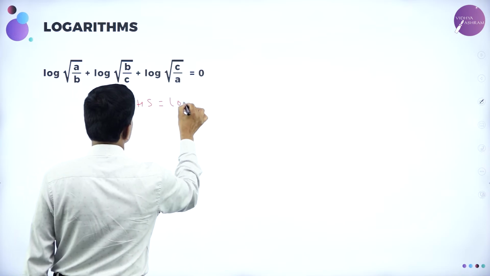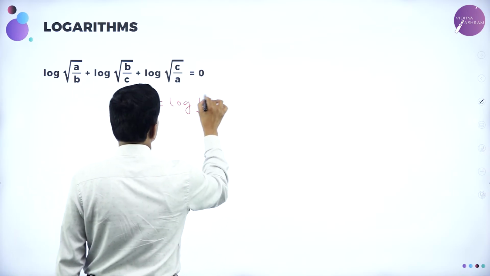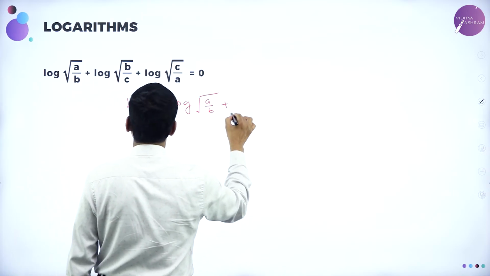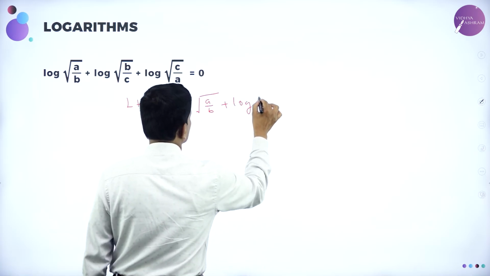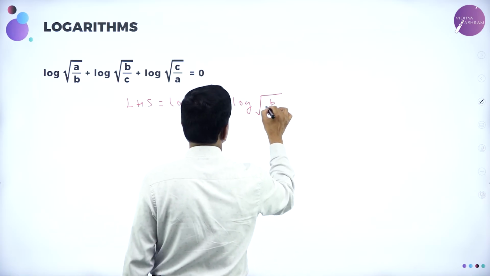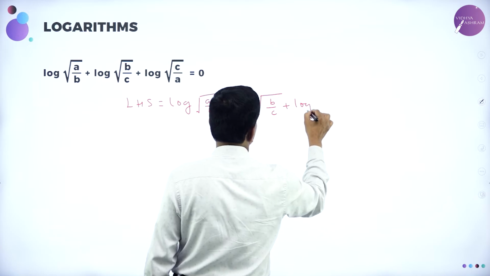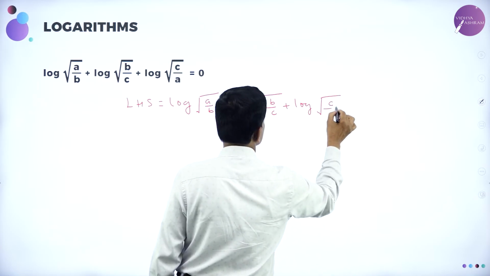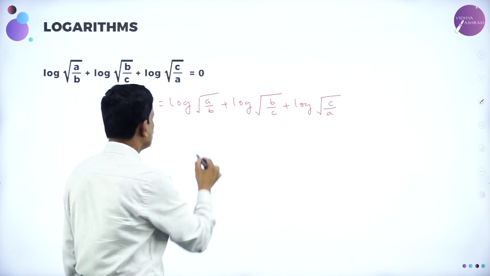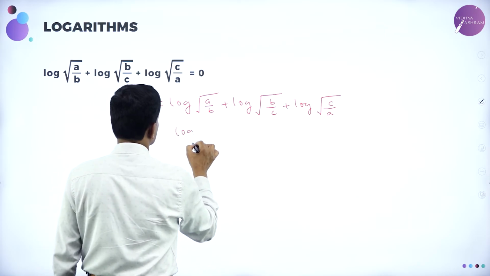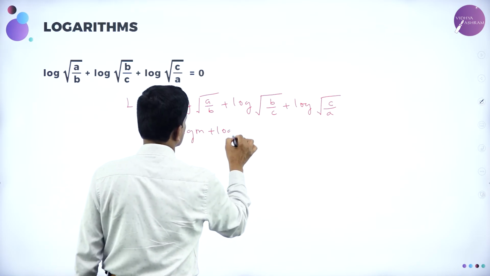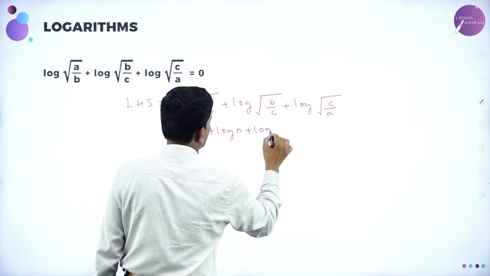LHS is log of root a by b plus logarithm of root b by c plus logarithm of root c by a. Now, if you observe carefully, this is of the form log m plus log n plus log p.